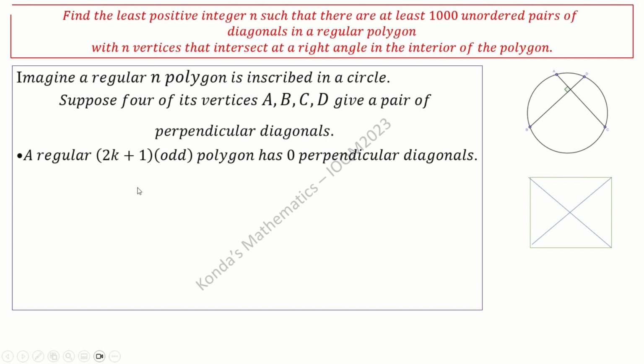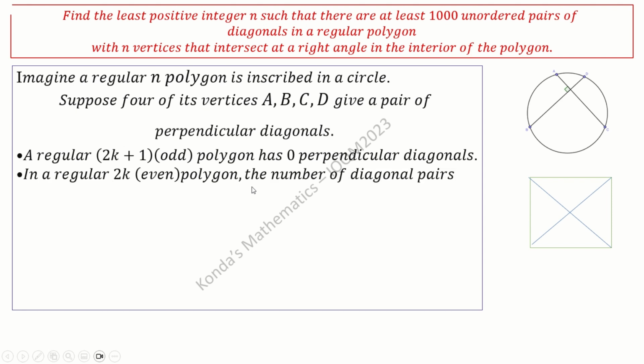Here one hint is that a regular 2k plus 1, that is an odd polygon, doesn't have perpendicular diagonals. If you take any odd polygon, 5, 7, 9, they cannot produce diagonals which intersect at 90 degrees. It has to be an even polygon, that is 2k.